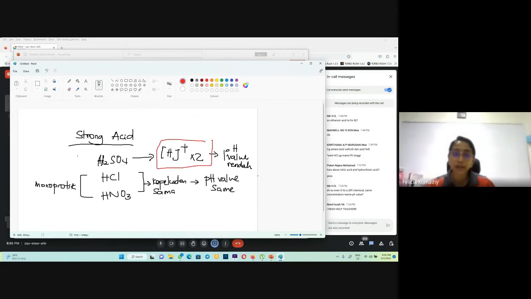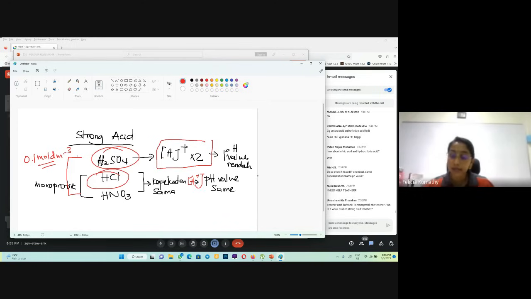Katakan saya guna semua ini 0.1 molar per dm3. Let's say I'm comparing hydrochloric acid and sulfuric acid, pH dia tetap tak sama sebab kekuatan asid dia berbeza. Kalau sulfuric acid dia mesti double.